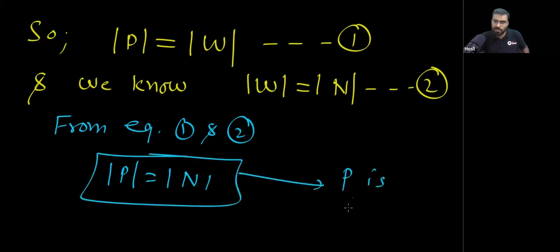This means P is countable. Is this clear?